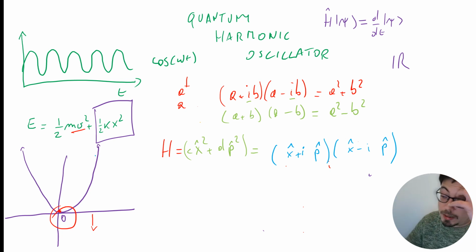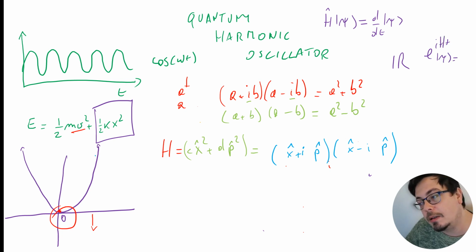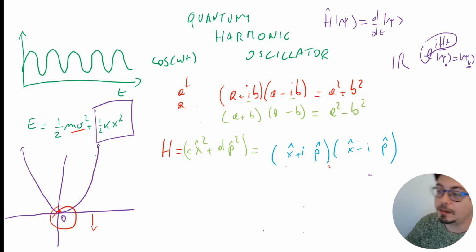One thing that we can start looking at are those solutions for which the energy is constant, and then we could see maybe in a later video how to evolve. Actually, we saw that already with a free particle moving, right? Because you can apply e to the iHt to our system to move it in time. So we have the Hamiltonian and we apply this exponential to move it from time 0 to time t.